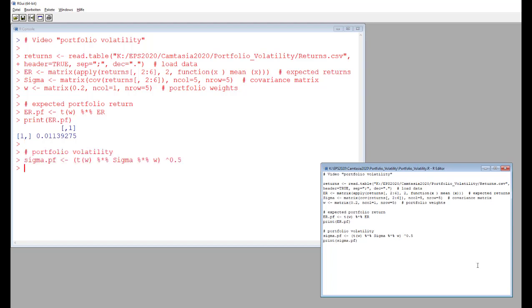And I also calculate the portfolio volatility, which is 5.06%. The volatility of portfolio is W transpose times sigma times W, and then I take the square root.